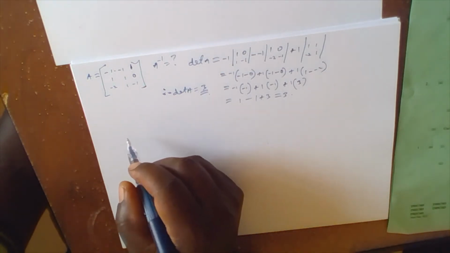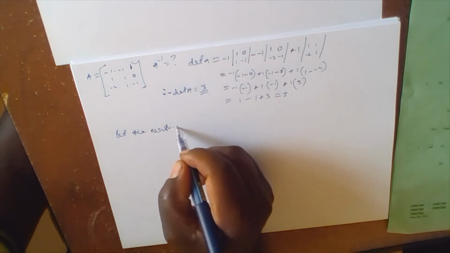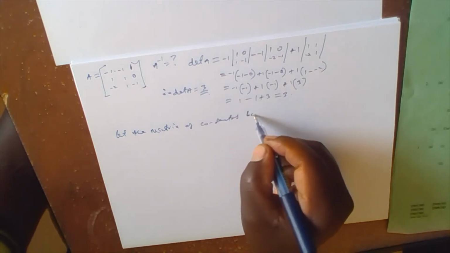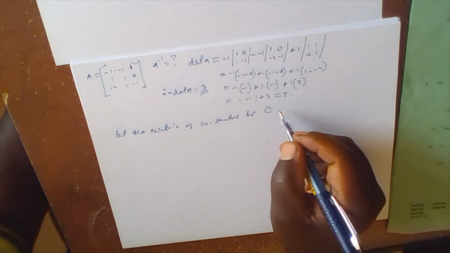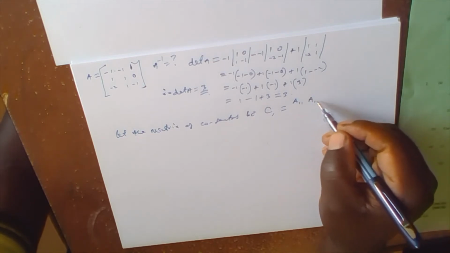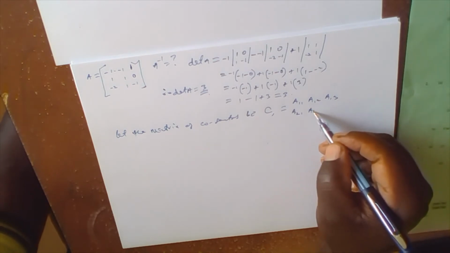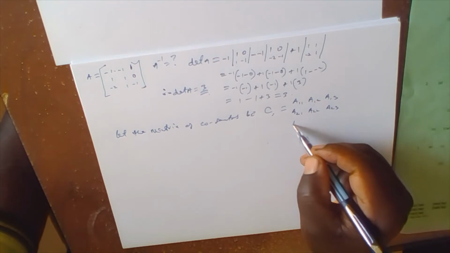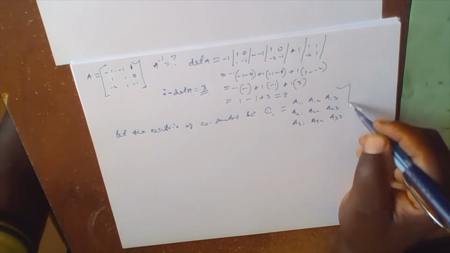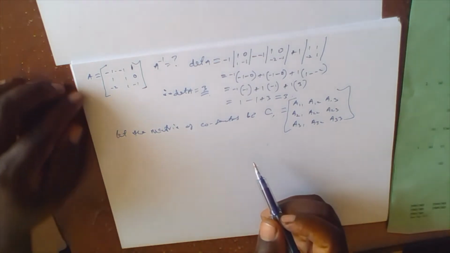Let the matrix of cofactors be C, which equals A11, A12, A13, A21, A22, A23, A31, A32, A33. So these are the elements of the matrix of cofactors.